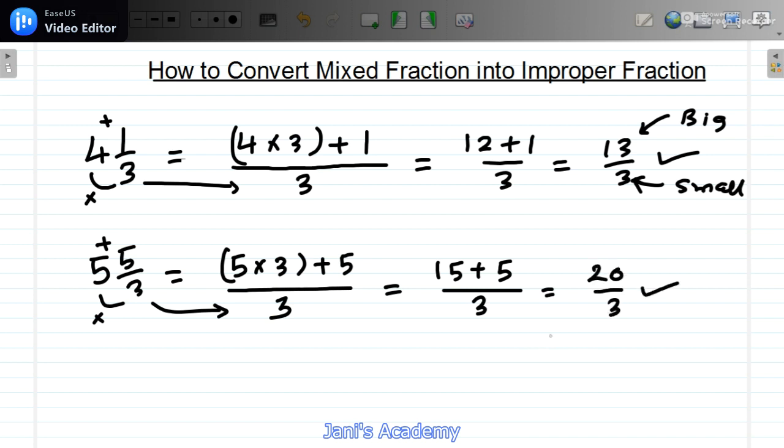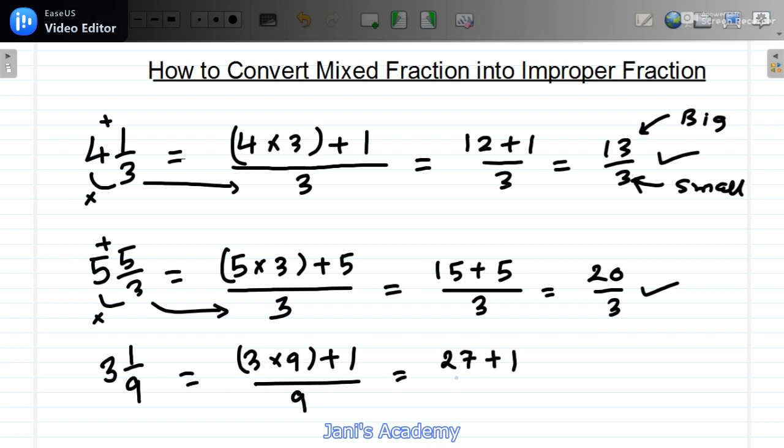This is again converted into an improper fraction. Let's take one more example. 3 1 upon 9. Here I have to do 3 into 9 plus 1, the denominator will remain the same, so 27 plus 1 upon 9, which is equal to 28 upon 9.